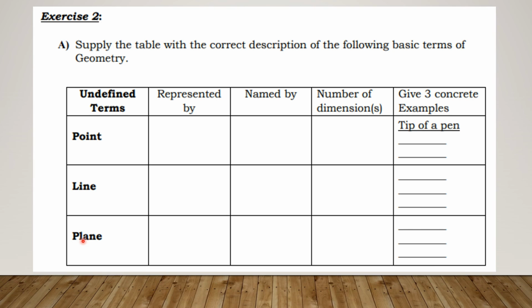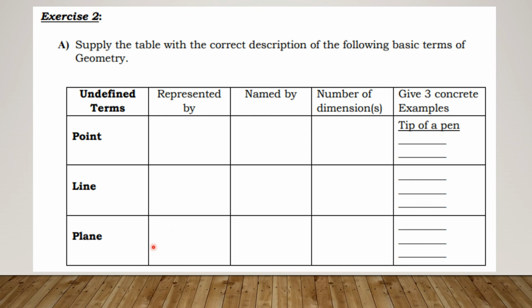You can write this on a clean sheet of paper. Make this table and supply it with the correct description. For example, we have point represented by what? Line represented by, plane represented by.